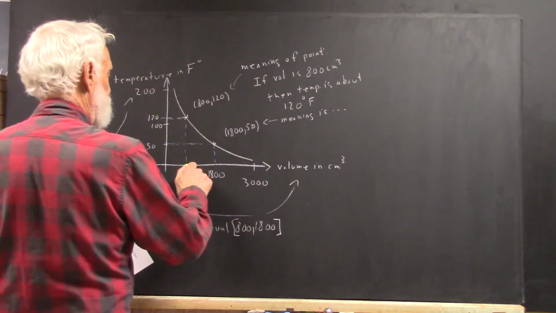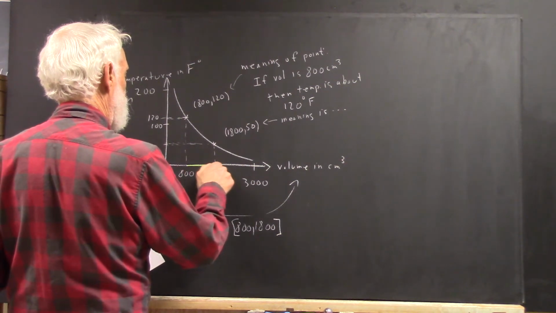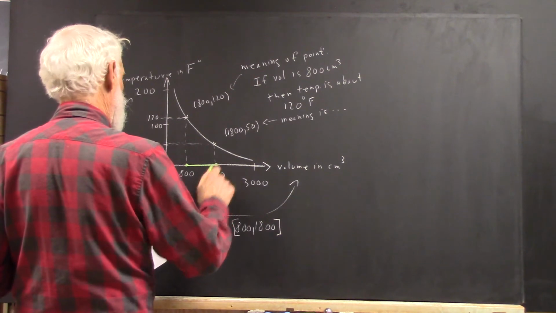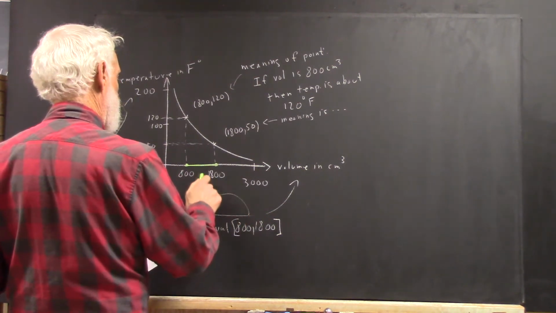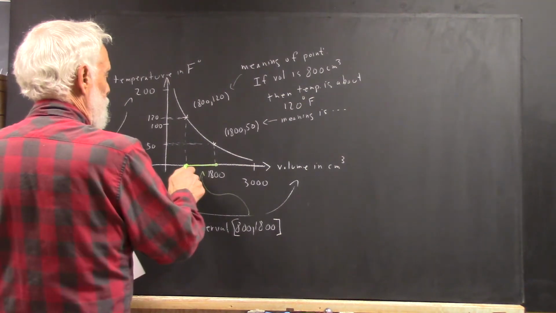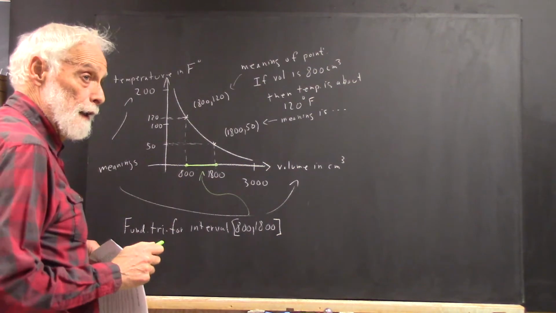So, right here is your interval, including the endpoints. Then your fundamental triangle. Well, you take this endpoint and you get a point on the graph. You take this endpoint and you get a point on the graph, right?